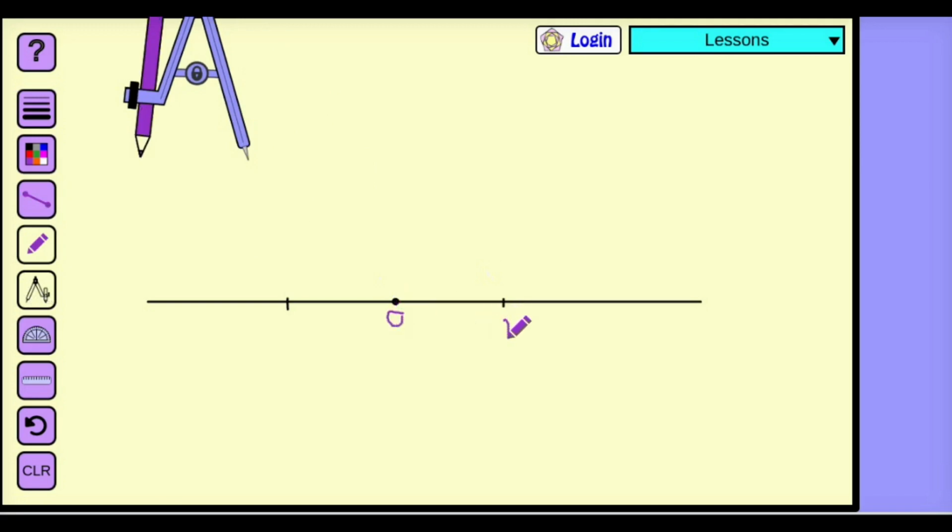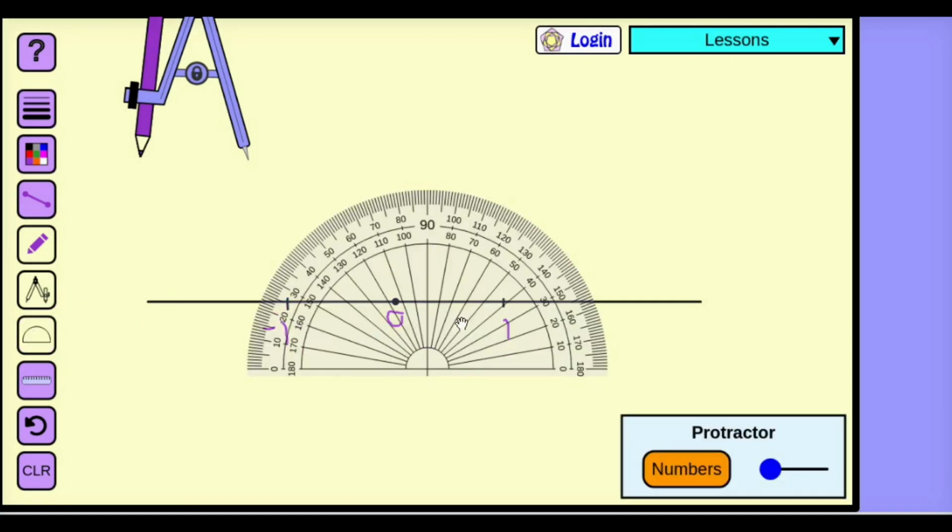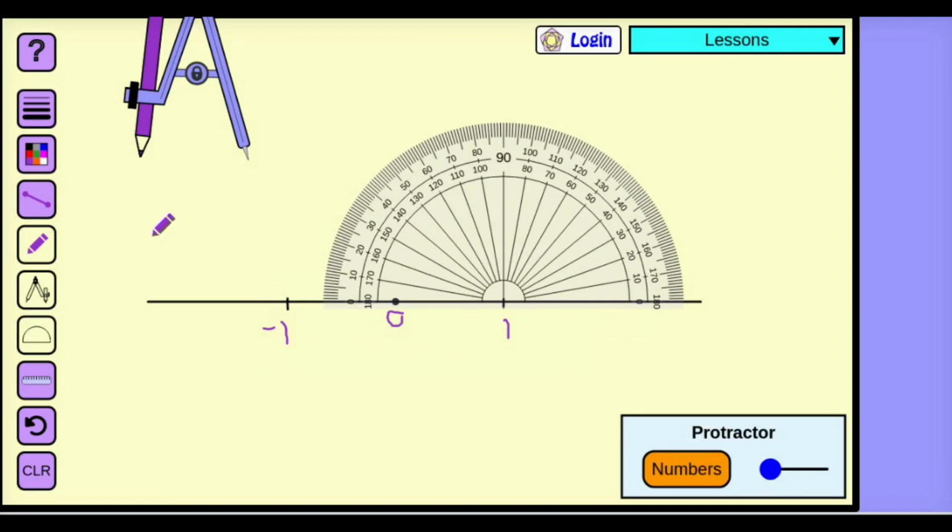Now take a protractor and draw a perpendicular. This is a perpendicular line, which is exactly perpendicular to the number line.